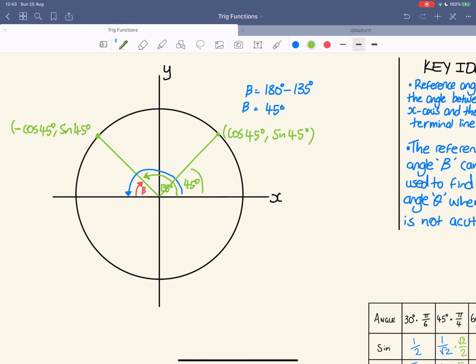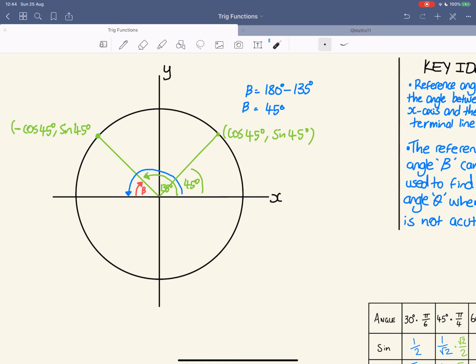So what's my point here? My point is this. The cosine and the sine of this angle here, my 135 degrees, can you see it? The cosine and the sine of this angle are the same as the cosine and the sine of this angle. They are identical because we took the size of this and put it over here.